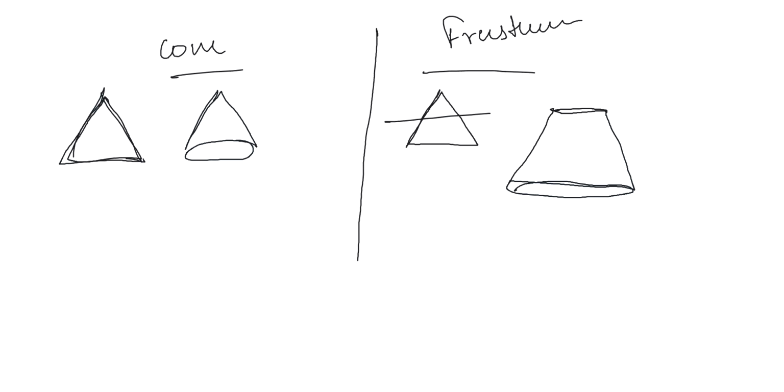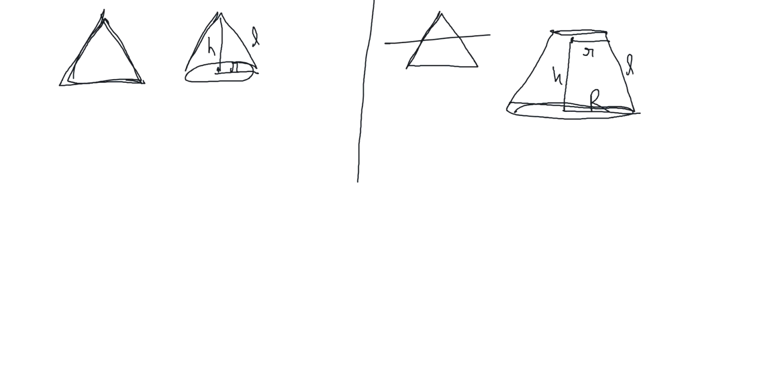In the cone, this is L, this is height, and this is radius. And in the frustum, this is small radius, this is height, and this is capital radius, and this is slant height. So in cone, we have, of course, L square equals H square plus R square.